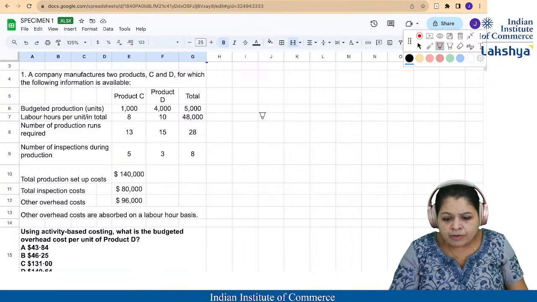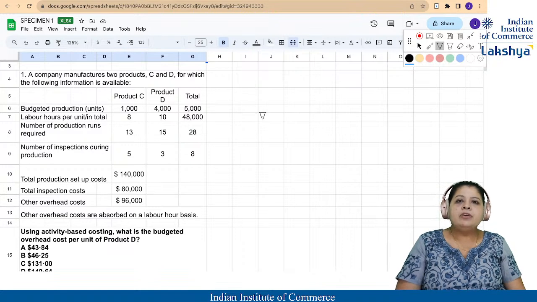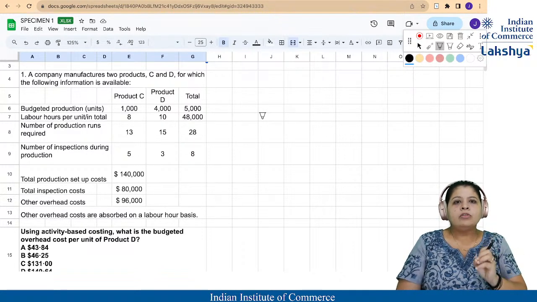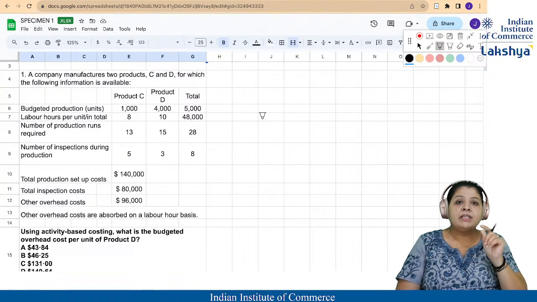Right. So always read your question carefully in the performance management paper, be it a small question, a 2 marker question, or a 20 marker question. You need to read your question very, very carefully, because there are numbers inside which you need to pay attention to. Sometimes figures are written in alphabets or in words also. So those also you need to keep track of.